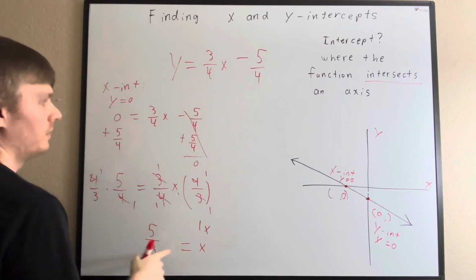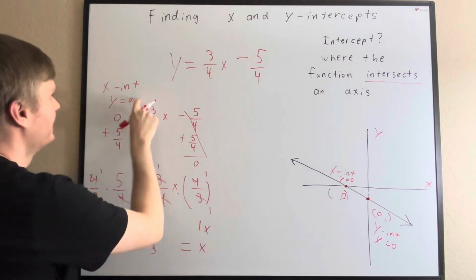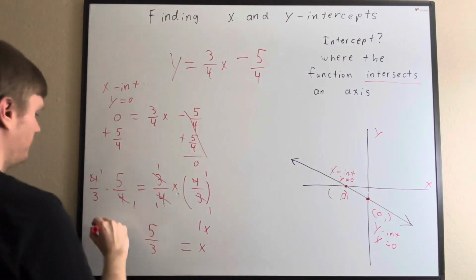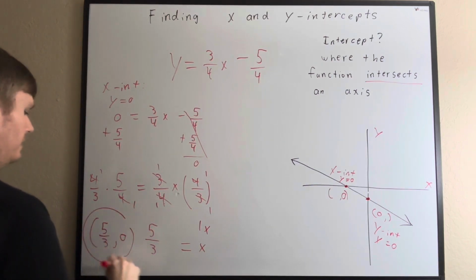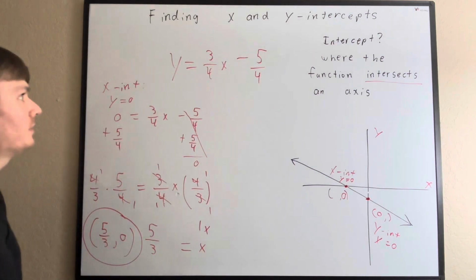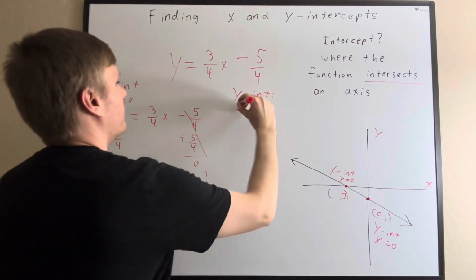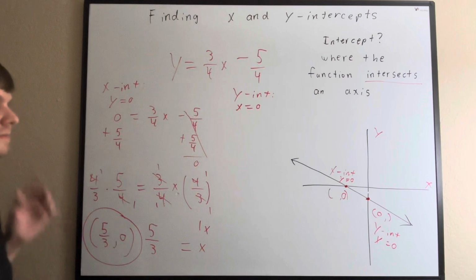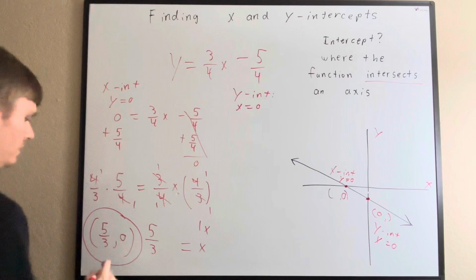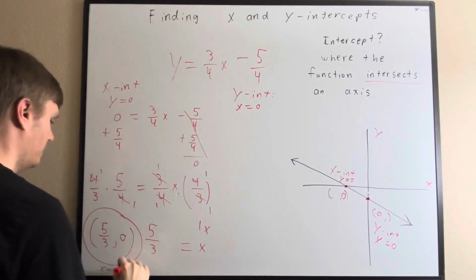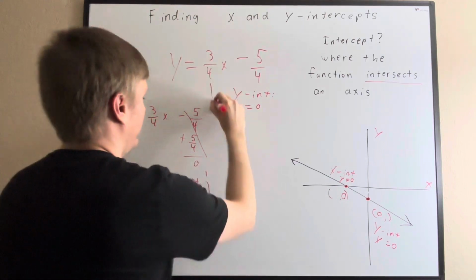This is our y-intercept, right? No, this is our x-intercept. So we need the ordered pair 5/3, 0. That is half the problem, because we also need the y-intercept, where x equals 0. So that is just one pair, the x-intercept. Now we do the y-intercept.